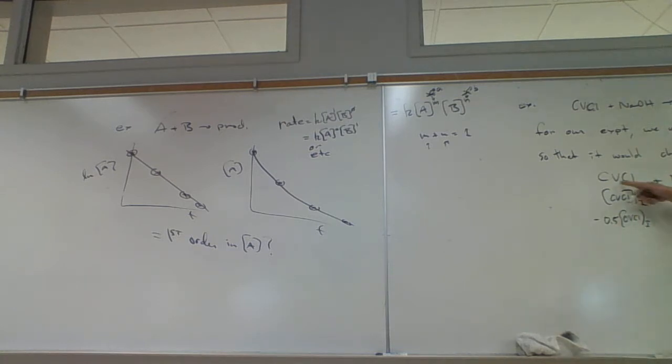It's a 1-to-1 stoichiometric ratio, so this would be the same number of moles lost, or the same concentration loss, over here. And so we end up with 0.5 CVCl initial, or half of it remaining.